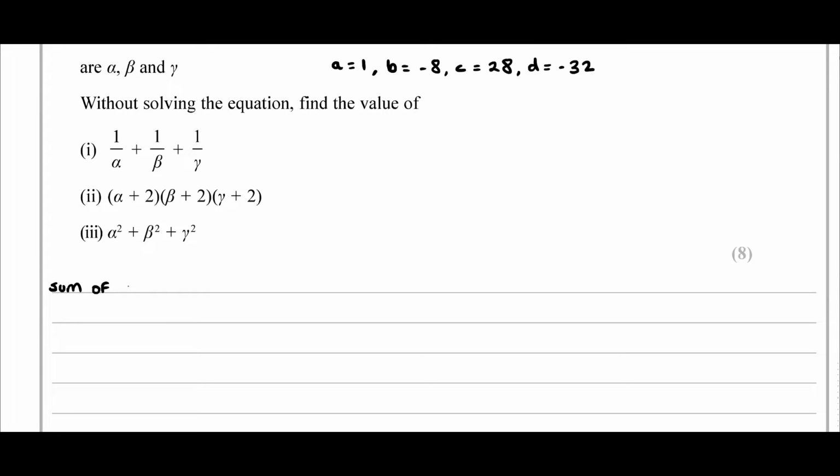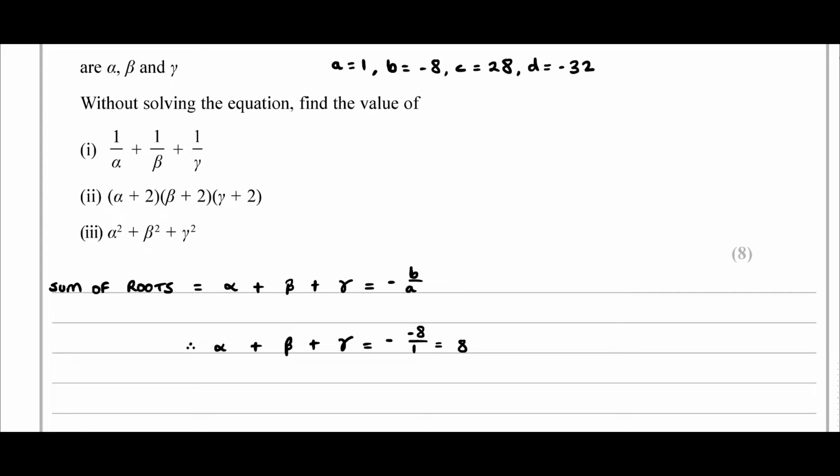The sum of the roots will equal alpha plus beta plus gamma. Alpha plus beta plus gamma is equal to minus b over a. So therefore, alpha plus beta plus gamma is equal to minus minus 8 over 1, which is 8.